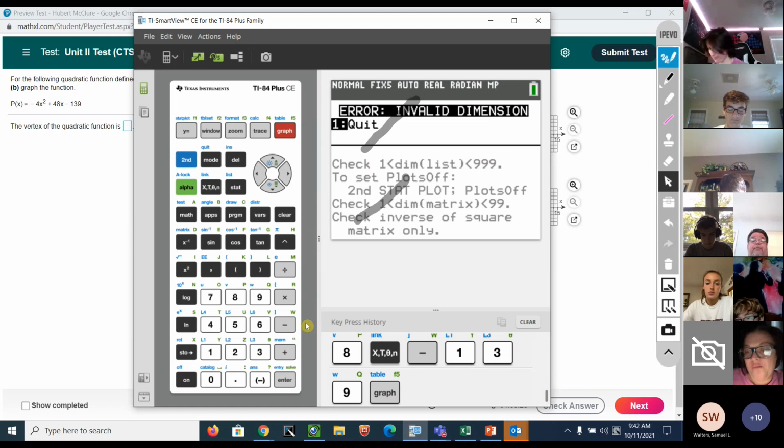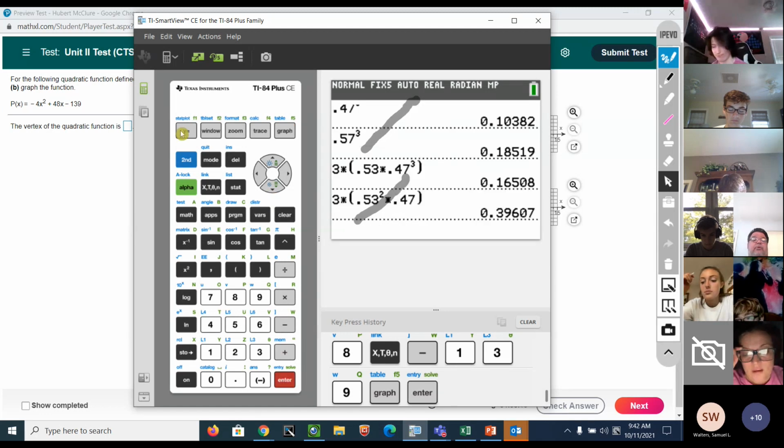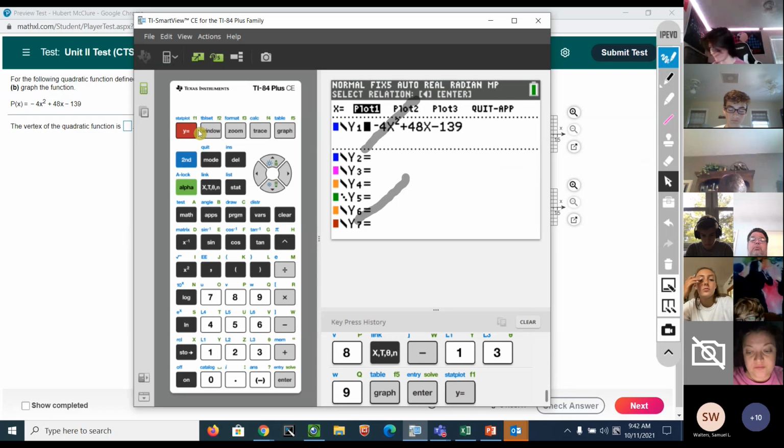And graph, and I don't like something. Hold on, quit. Y equals. Plus 48x minus 139. What is it not like?